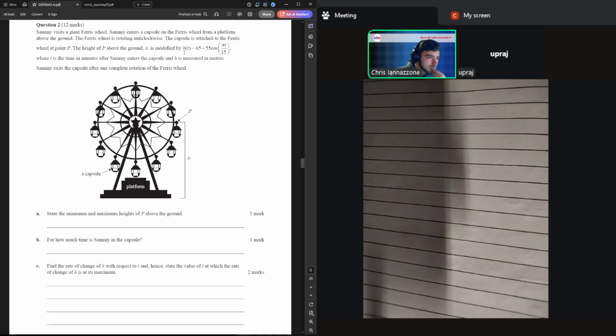Okay, Ferris wheel: the height of the wheel at any given point from the particular carriage is given by h of t. State the min and max heights. That'll be easy enough. I'm going to do a little bit of defining right now.